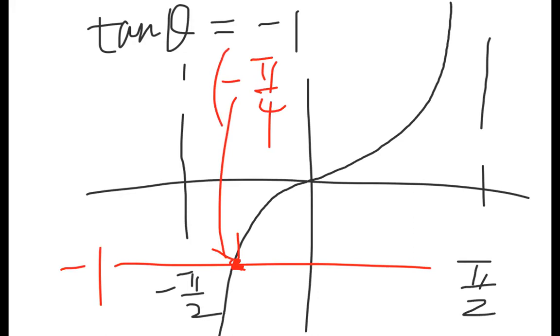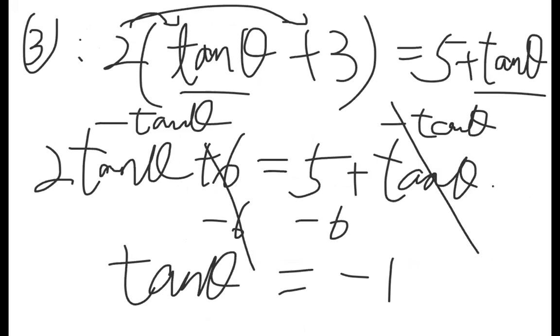So this is the solution for this equation, which is the solution for the original equation here. So the solution here is theta equals minus pi over 4. Okay. All right.